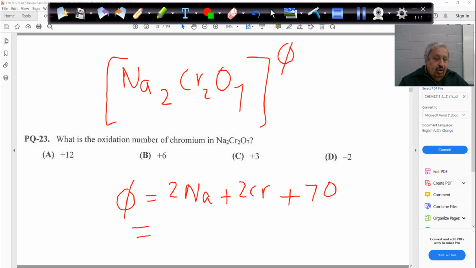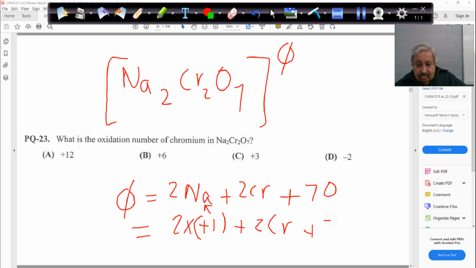Sodium is always plus 1, group number 1. Chromium I don't know, because it has multiple charges: plus 3, plus 6, plus 5. Oxygen is always minus 2, or most of the time, 99%.